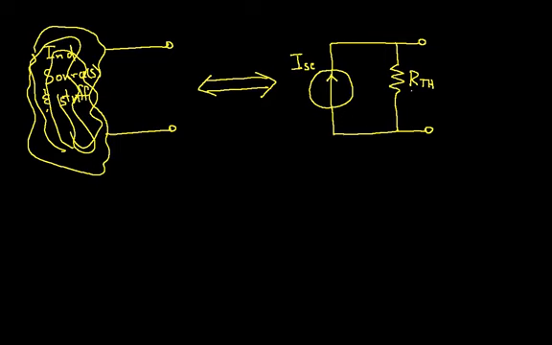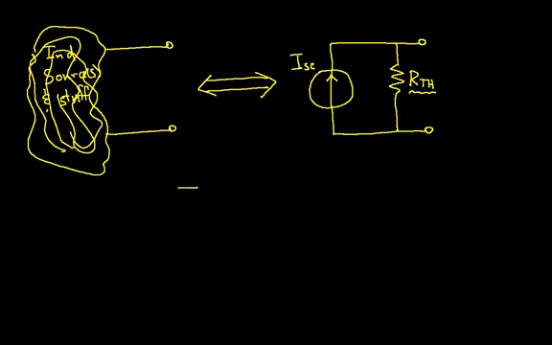We even call the equivalent resistance R Thevenin, because it's the same as the Thevenin equivalent resistance. So if you need to find a Norton equivalent source rather than a Thevenin equivalent circuit, the process is essentially the same.